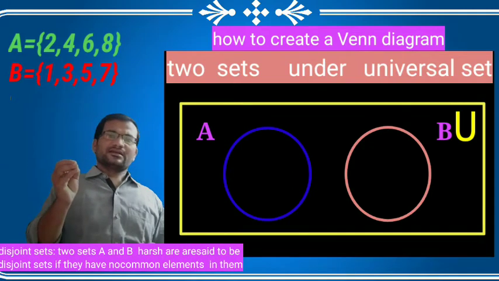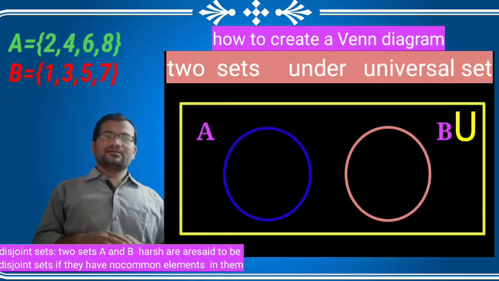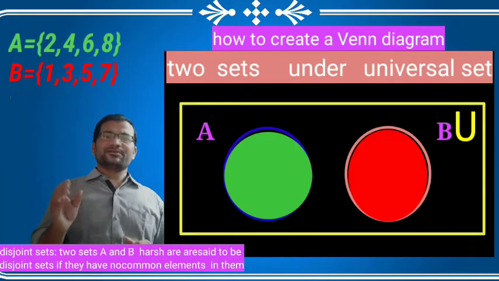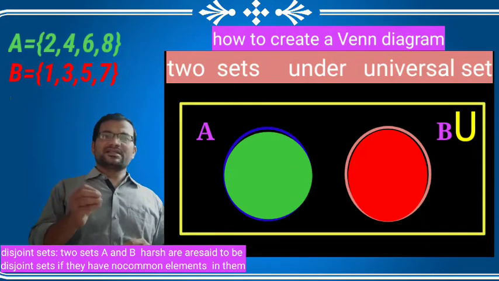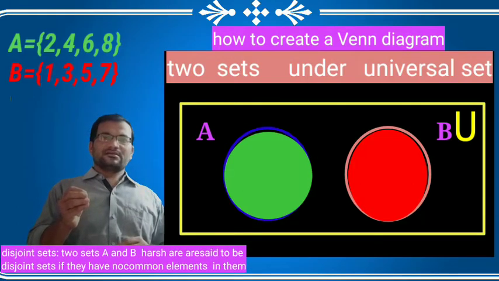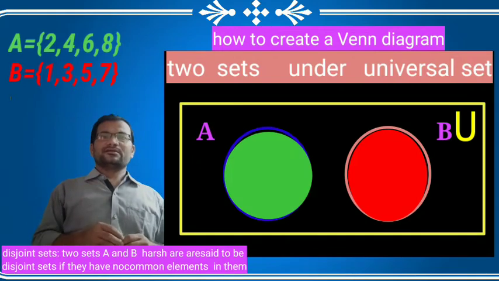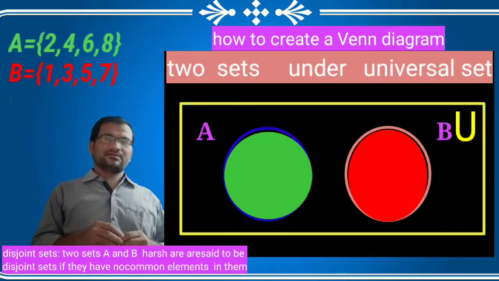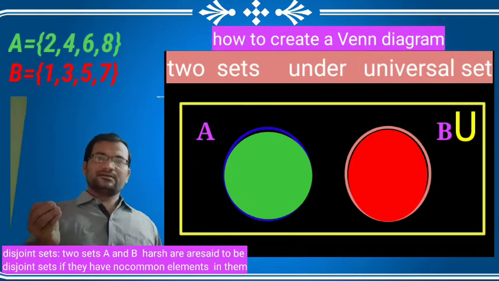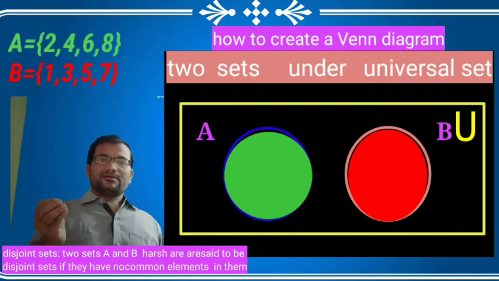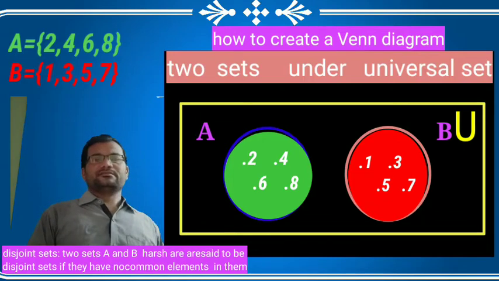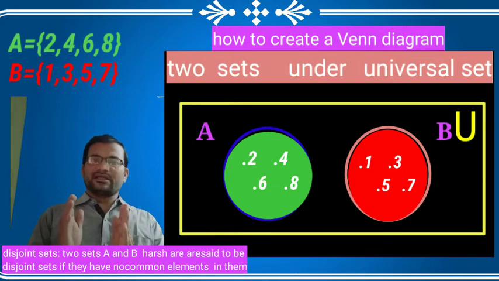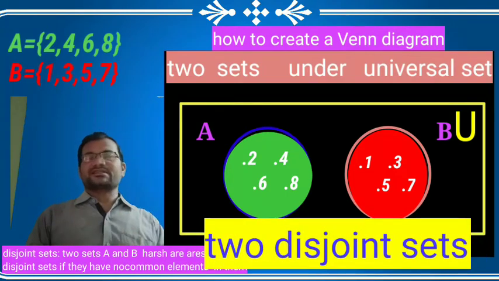The sets should be colored with different colors to illustrate well. Write the points inside the circles relating to those sets. Write all the elements relevant to each set inside its circle. This is the Venn diagram for two disjoint sets.